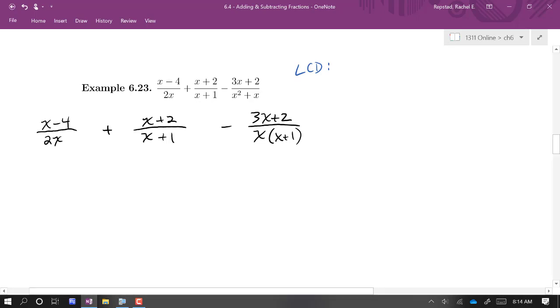So the LCD here means I have to grab the factor of 2, and I need to grab the factor of x. I need to grab this factor of x plus 1, because that's not already represented in 2x. But when I go to the third denominator, the x and the x plus 1 are already represented here. So I know what my LCD should end up being.